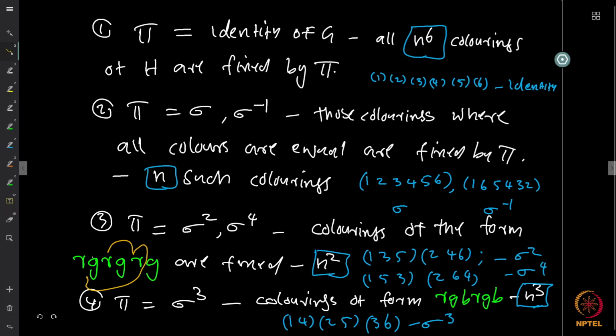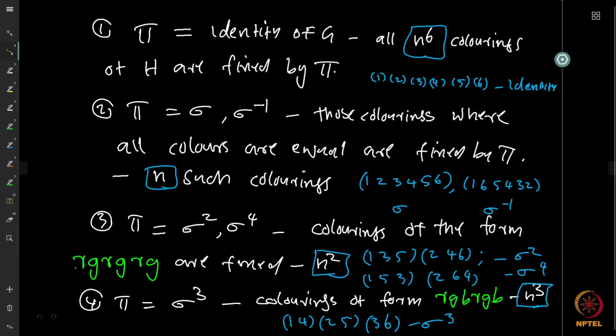And similarly, for each element, if it moves exactly twice forward, then that color is the same, then the coloring is okay. So therefore, such colorings will all be fixed by sigma square.